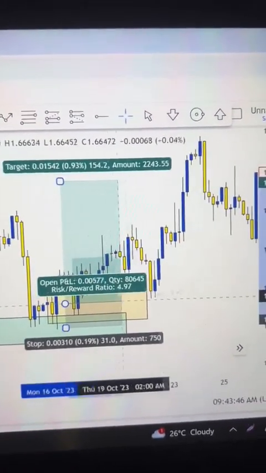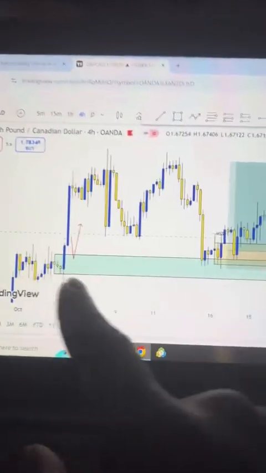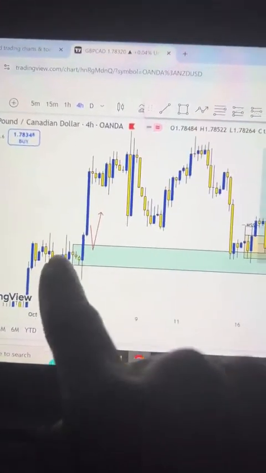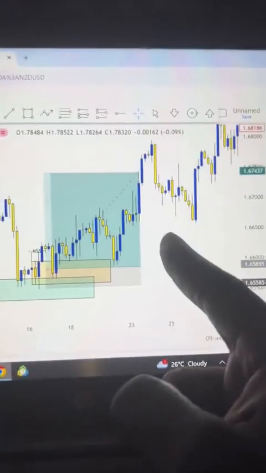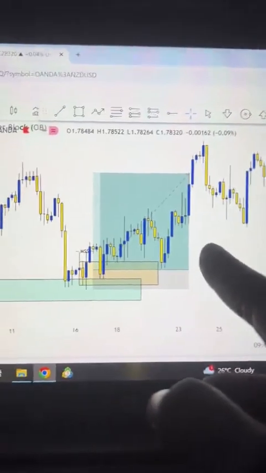Then what did you notice? Your take profit trade is hit. This is how to correctly mark a zone. You must ensure that there is an impulsive move, because that zone shows you that when price comes to it in the future, because of this impulsive move, there is a large buying order and the market will definitely react from that level, hitting your take profits. I don't know if I'm making sense.